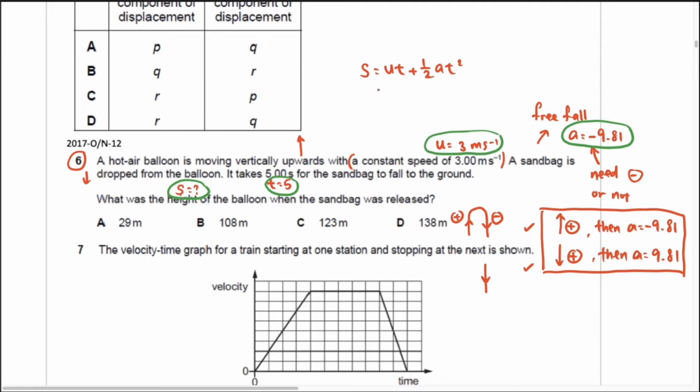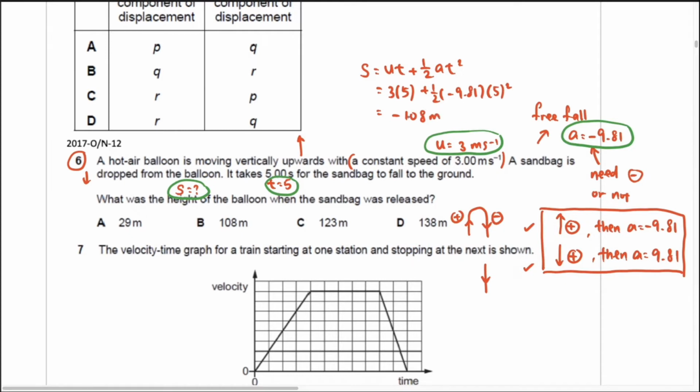3 times 5, plus half times negative 9.81 times 5 squared. Then we just calculate. We will get negative 108.